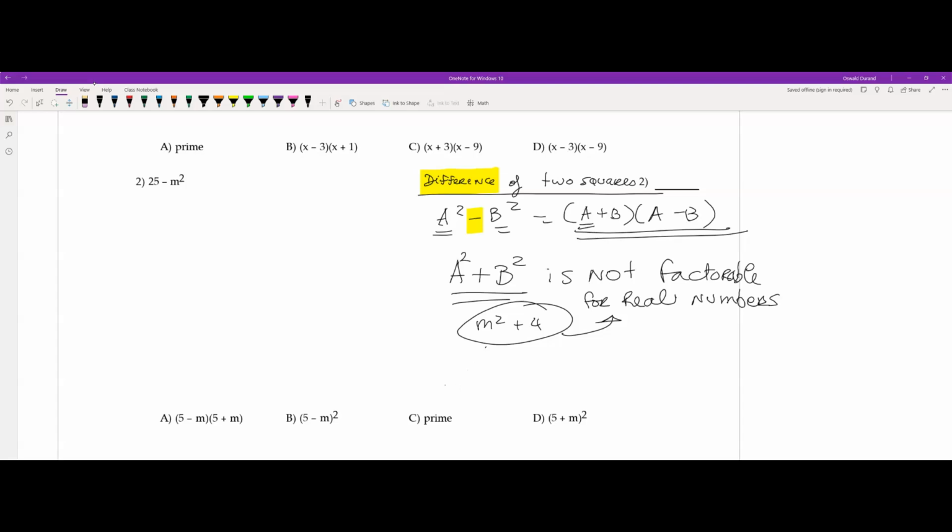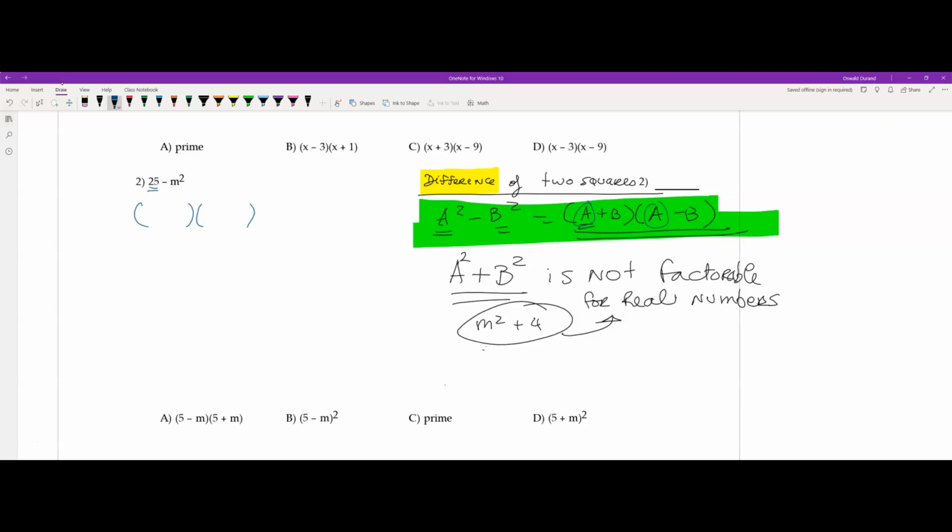All right, so with this here, let's apply this formula. So the first term, a squared, we need the square root of it, and that's going to fill these two spots. We know that it's going to be the product of two binomials.